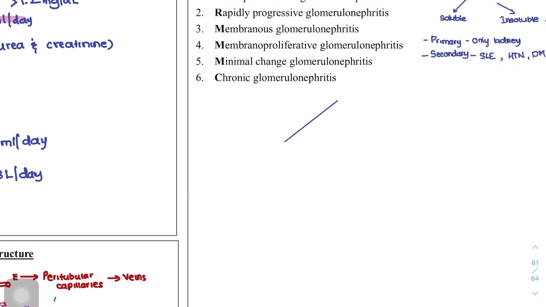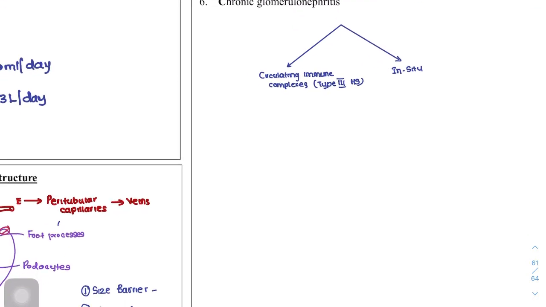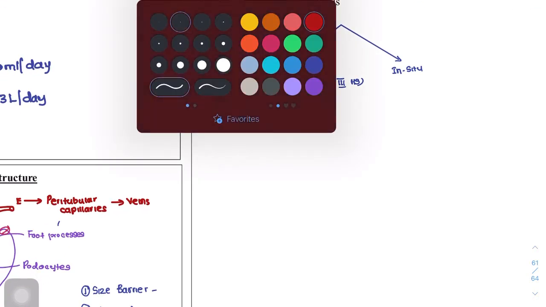First, these immune complexes could be of kidney origin. These are called in situ. Or they could be circulating immune complexes. And this is called type 3 hypersensitivity. And how does that form?